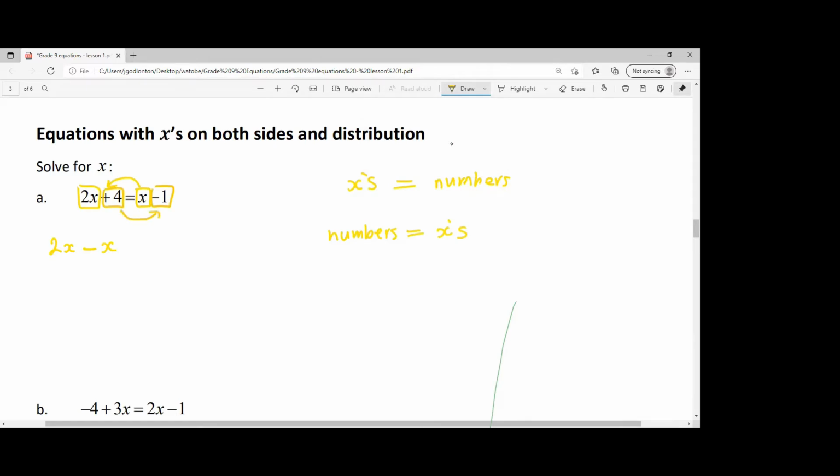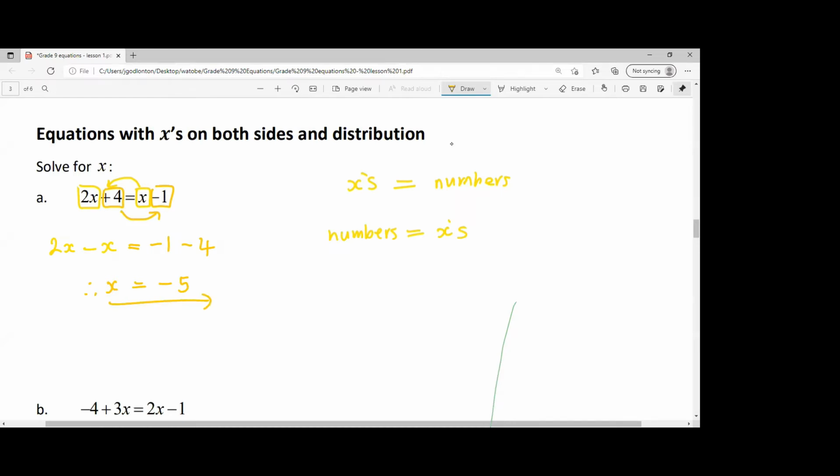And I want that 4 on that side. So I'll have negative 1 minus 4, because remember, the sign's going to change. And then I can just start working this out. 2x minus 1x is just 1x, and negative 1 minus 4 is negative 5. And so that's my final answer.